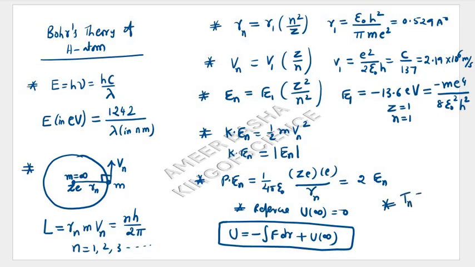Time period will simply be, to complete one rotation, 2 pi r with a velocity Vn. I know the expression for Rn, I know the expression for Vn. If I substitute here, then Tn, in the first orbit say it will be T1, will automatically come out to be n cube divided by Z square, like this. So the basic things are radius and velocity. If we have the basic things, then the rest of the things we can calculate.